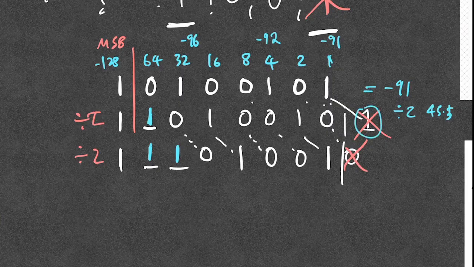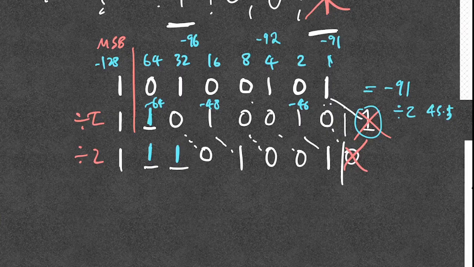So let's just total this up. So minus 128 plus 64 is minus 64. Plus 16 is minus 48. And then plus 2 is minus 46.